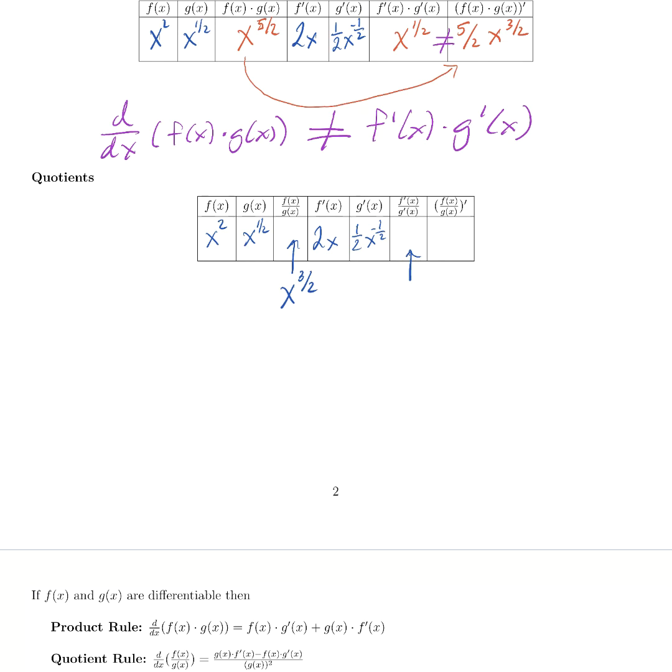Well, that's really an x to the positive 1/2 when it's in the denominator. So this looks like 4x to the 3/2.